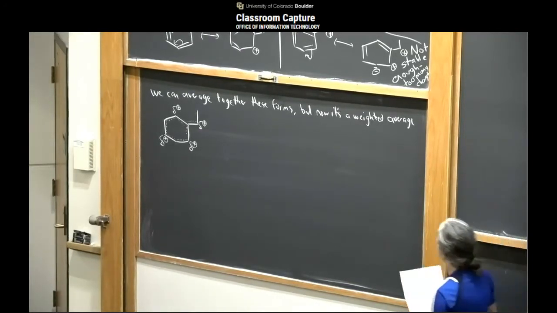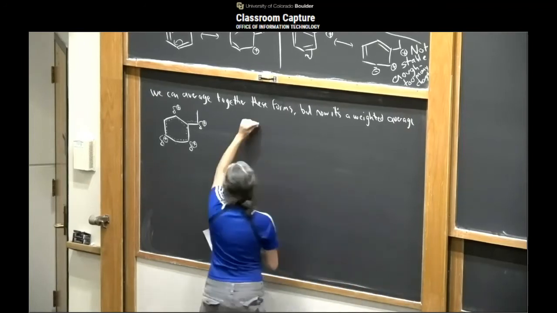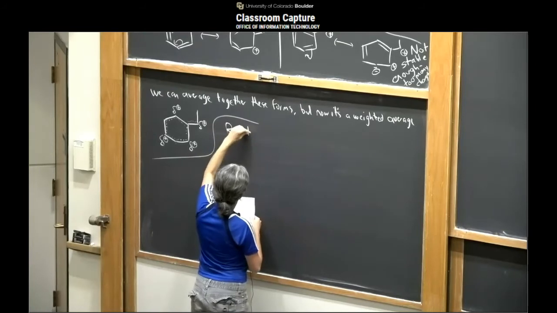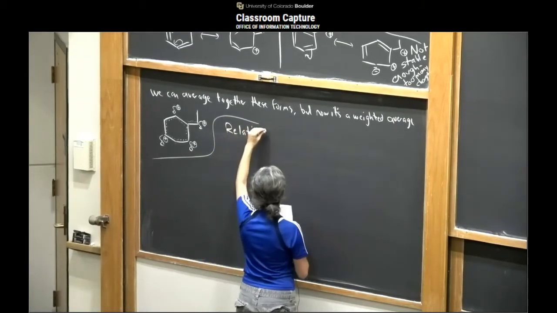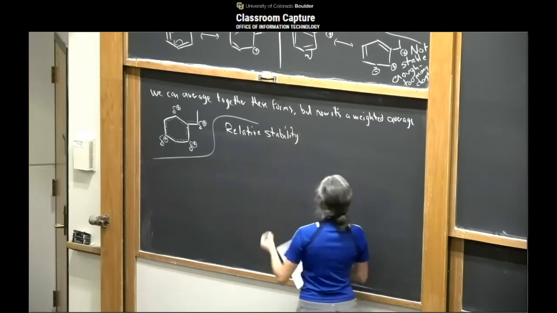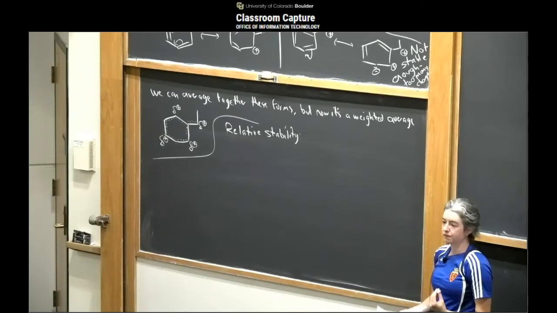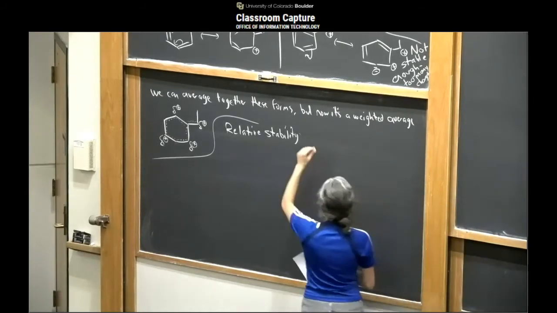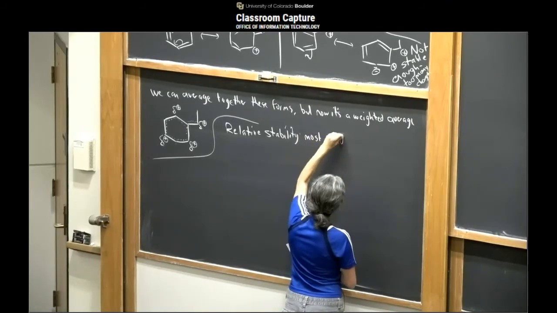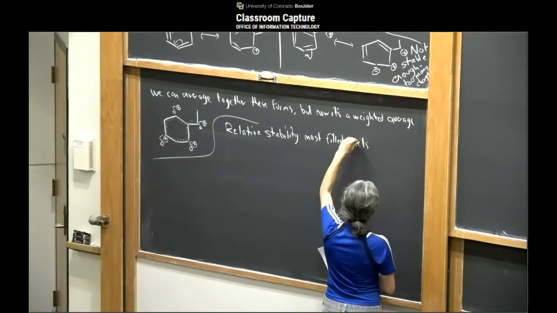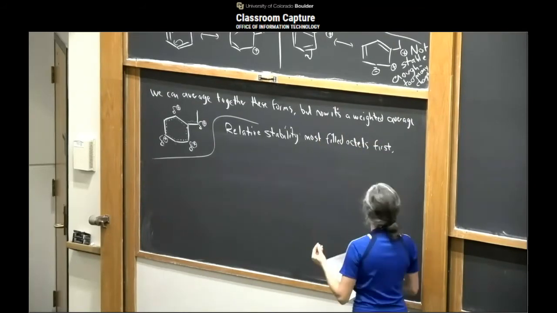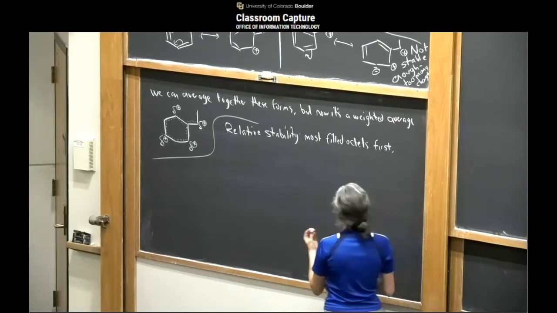Okay, so let's look a little bit more at analyzing relative stability. This is looking at the last two rules that I wrote up last time. Just as a refresher here. Maximizing the number of atoms with filled octets is more important. So you want to maximize having the most filled octets first. Then you want to look at minimizing charges.